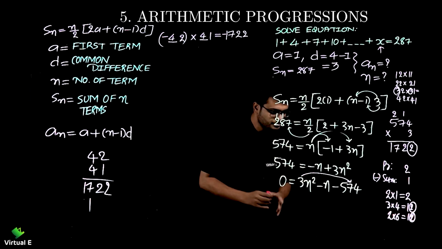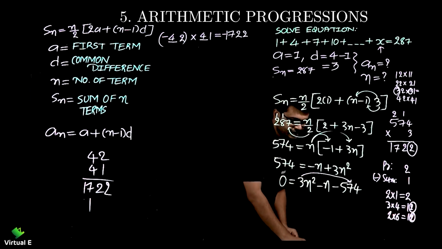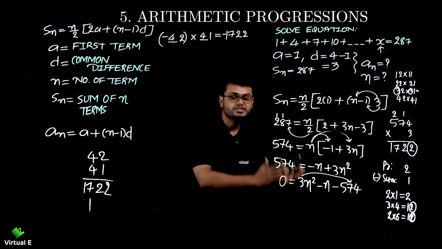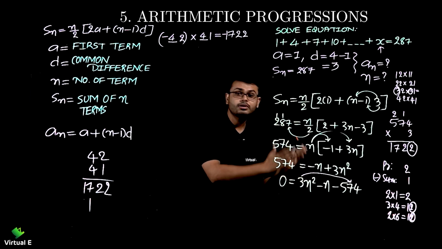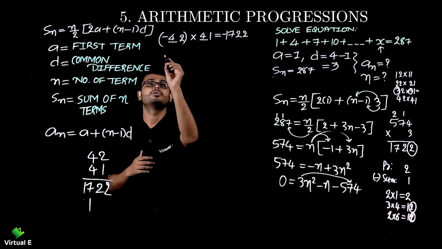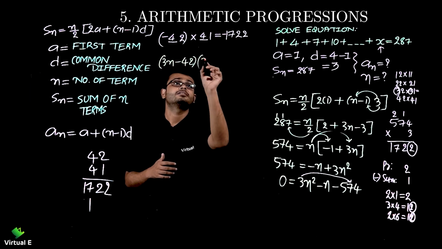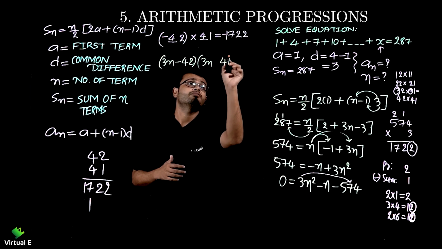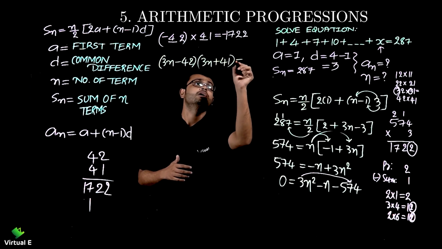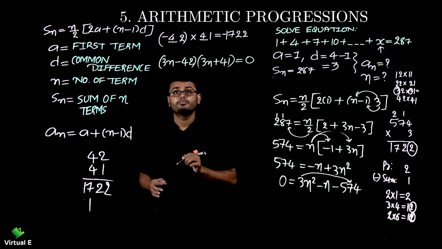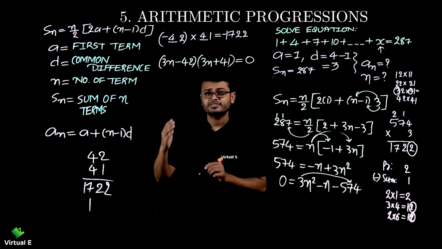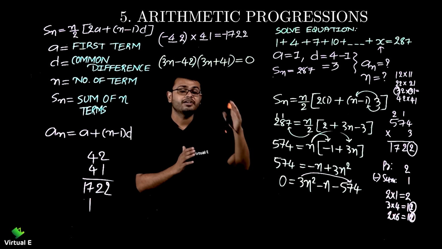Come back to the question. Now how to write the factors? I am going to write the first term as it is without the power. So 3n minus 42 and 3n plus 41. Which sign will I write? Positive, is equal to 0. Now I will take the first factor as 0, then the second factor as 0.